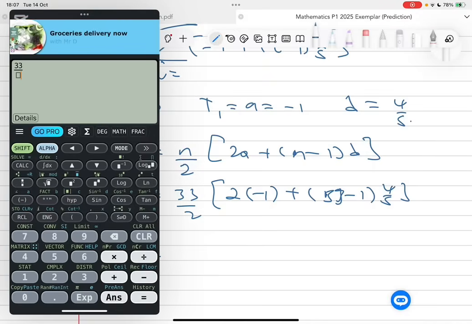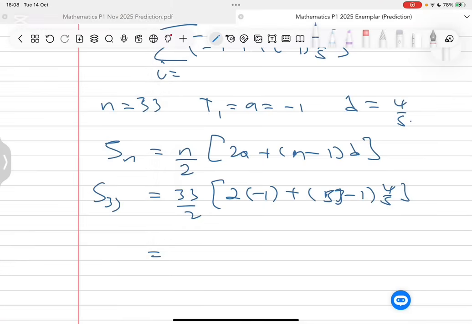So it's going to be 33 over 2, and here I'm going to have a bracket, 2 times -1 plus 33 minus 1 multiplied by 4 over 5, and this indeed gives me the sum of 389.4. So that is the sum, 389.4.